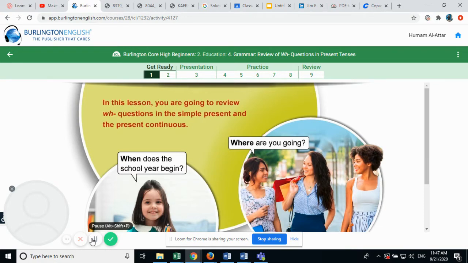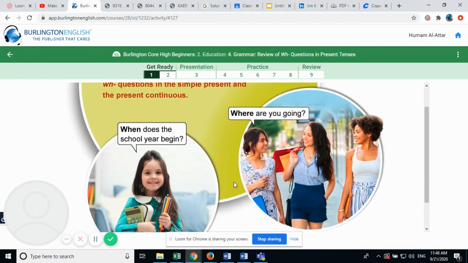Remember we talked about the simple present verb before, and we also talked about the present continuous. We add ing to the verb to change it from simple present to present continuous. Okay, so look at the examples here in these two pictures.